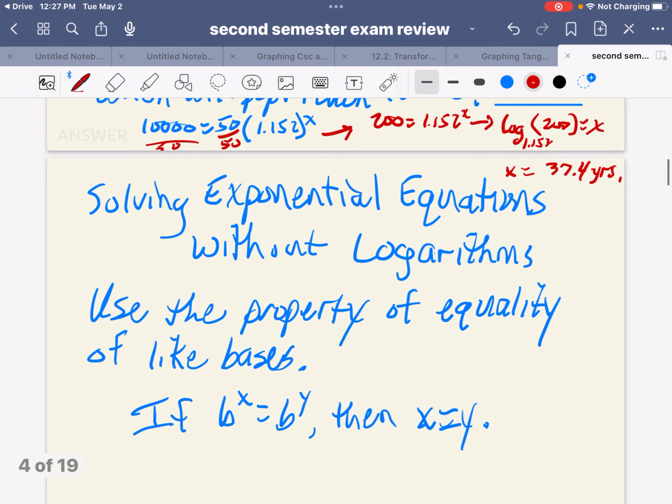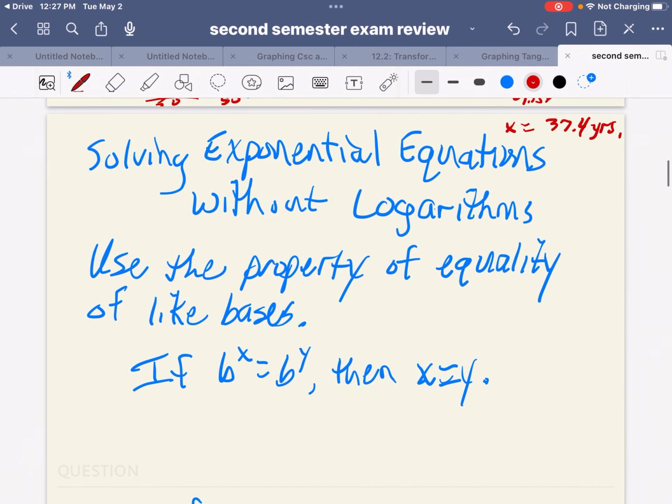Another thing that we taught you when we were in this unit on exponential functions and logarithms was how to solve exponential equations. If you look back in your notes, you'll see that I taught you how to solve two types of exponential equations: ones that you can solve without using logarithms, and equations where you must use a logarithm to solve.